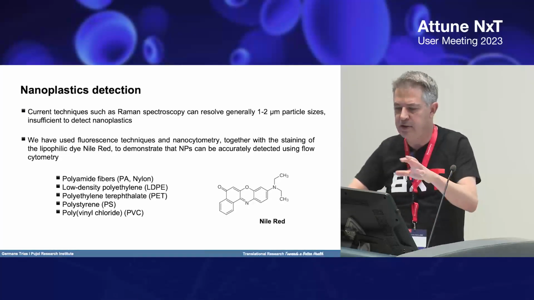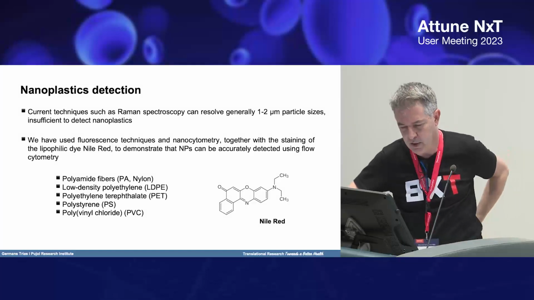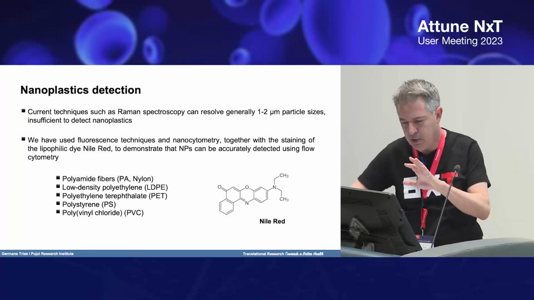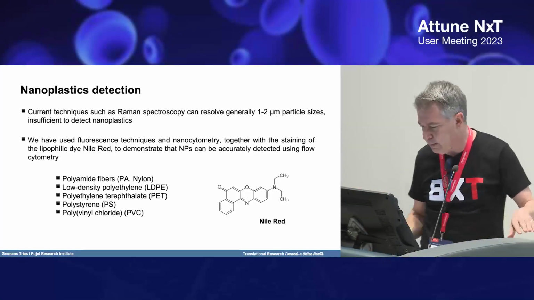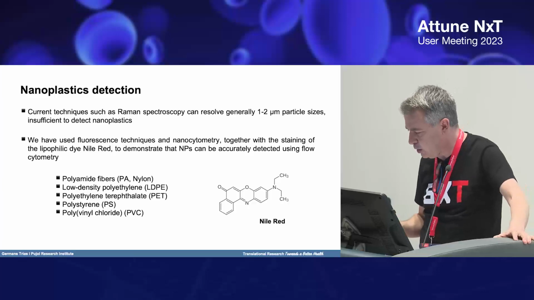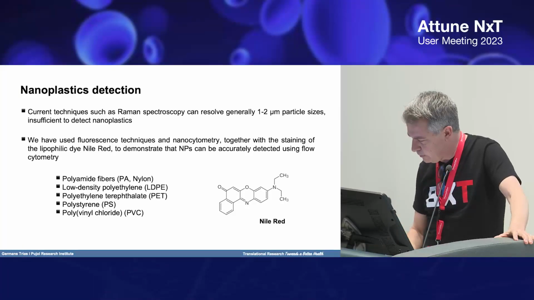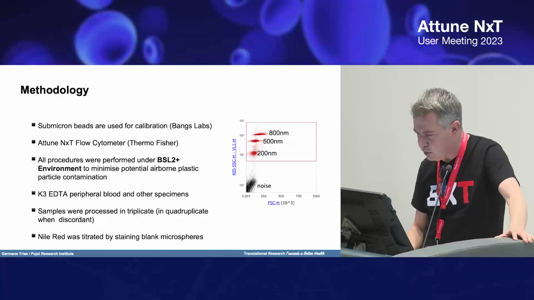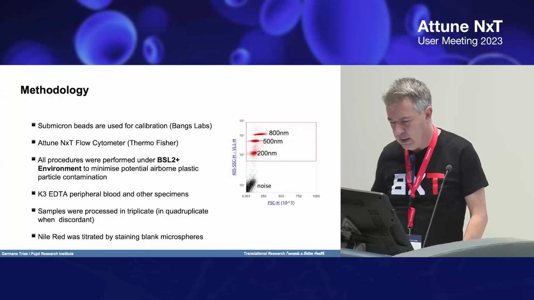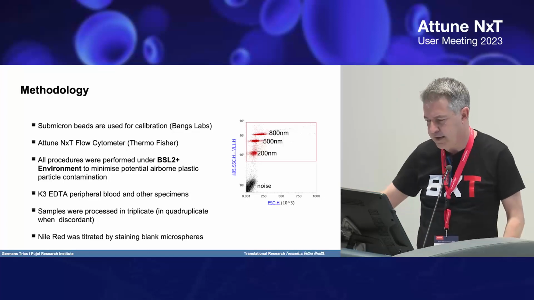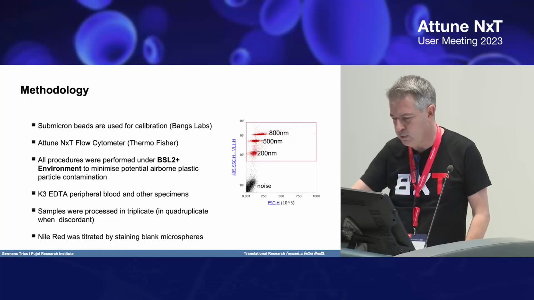The Nile red quickly attaches to plastic particles, and to perform this kind of experiment, we need to degrade and deplete, if not all, almost all of the organic matter present in the human specimens, but also in other biological specimens that we are using. This is the method. We are always using the violet side scatter to discriminate small particles.